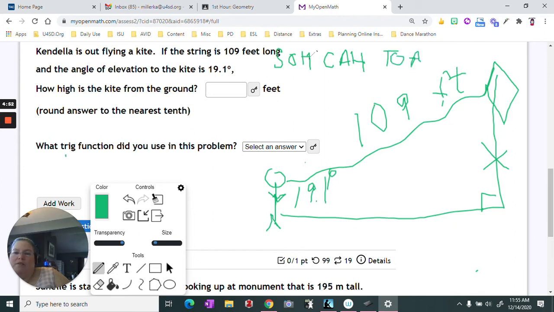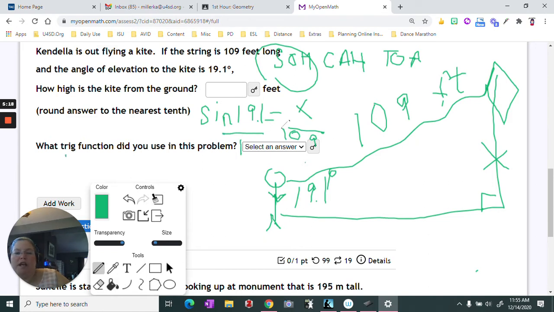SOHCAHTOA. So this fits the sine setup. Okay, so we're going to say the sine of 19.1 equals x over 109. And then we cross multiply.